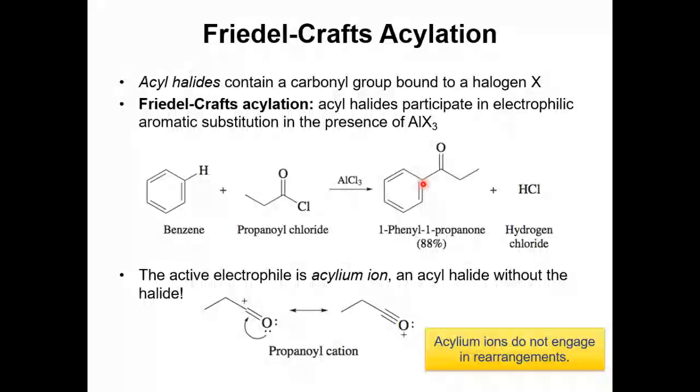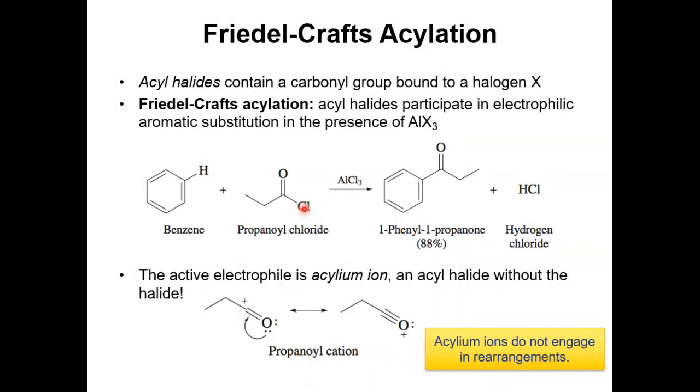In this reaction, the electrophile is called the acylium ion. It's not a conventional alkyl carbocation, it's called an acylium ion. You can consider that the acyl chloride just breaks, this pair of electrons goes to chlorine, and it gives you the acylium cation. The exact formation process we're going to talk about later.